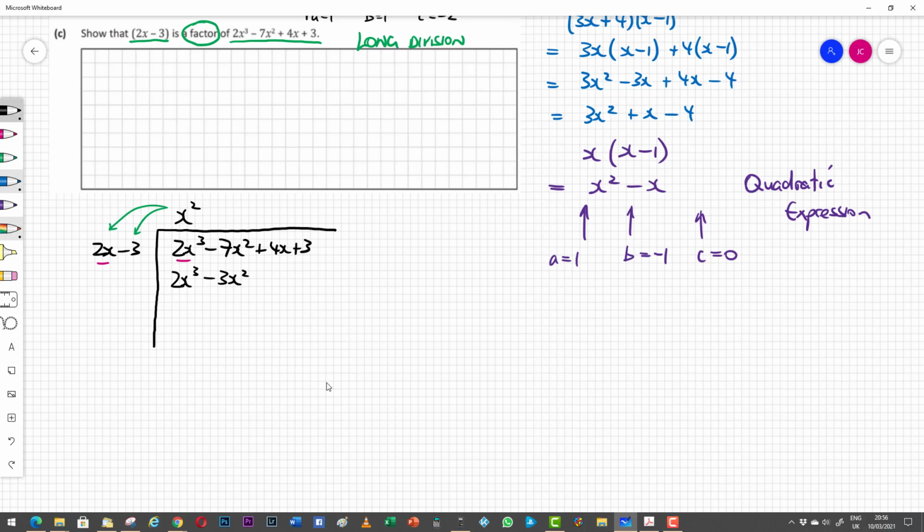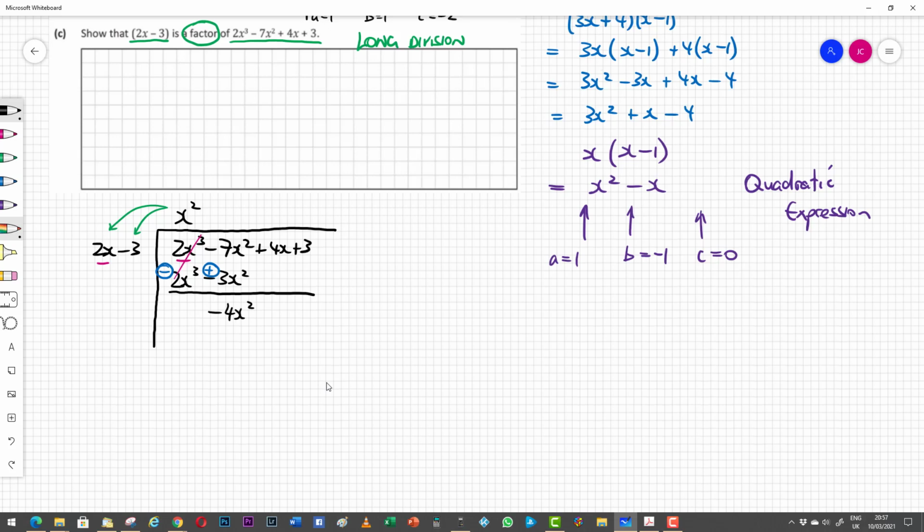Then we draw a line underneath, and we're going to subtract the second line from the first line. And we subtract the second line by changing the signs. So this becomes a minus, and this one becomes a plus. And what will always happen is the first two terms will always cancel. 2x cubed minus 2x cubed will be 0. We're going to add down the rest, so we have minus 7x squared plus now 3x squared, which is minus 4x squared.